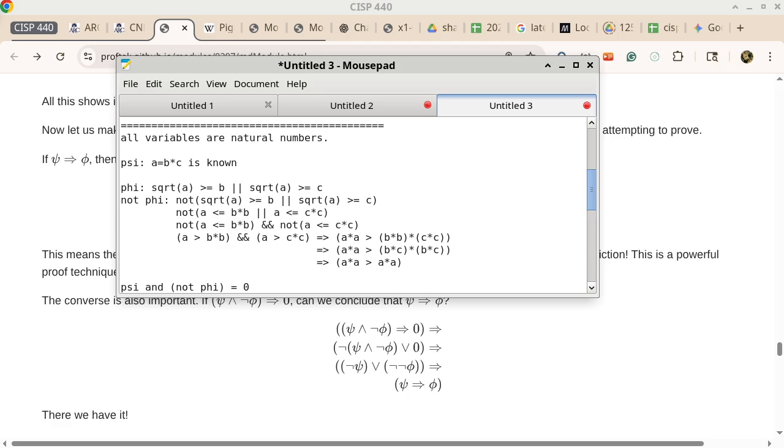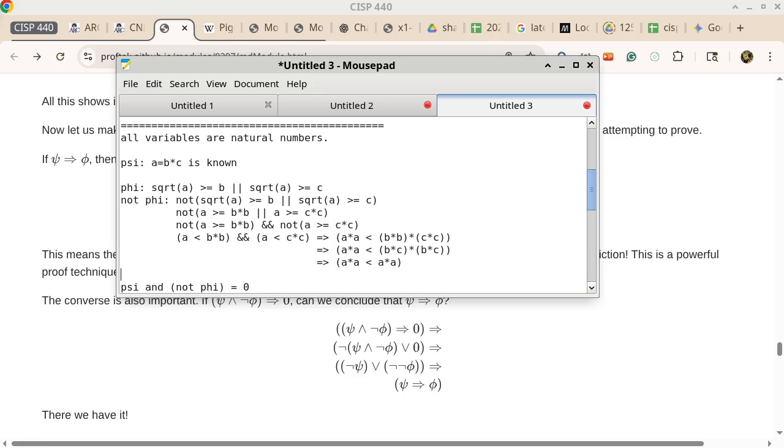It's just which side is the A times A. So okay, it is still going to work, but it's going to work the opposite way. And you can see it still works, but this is the correct proof.